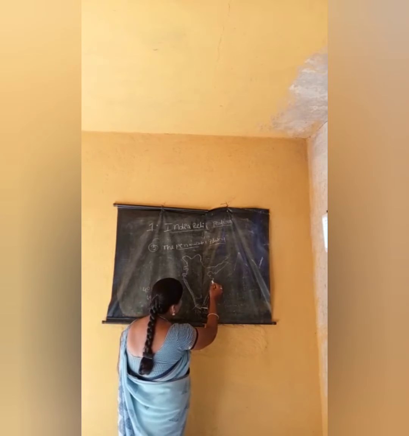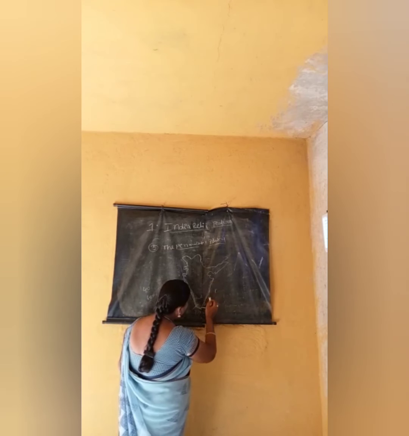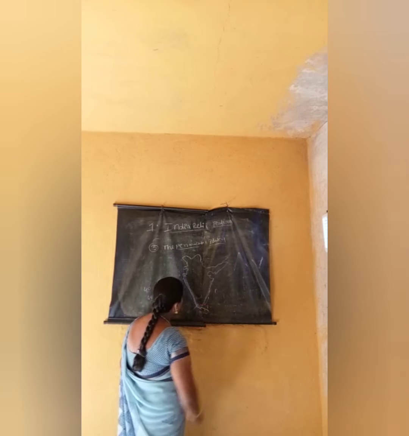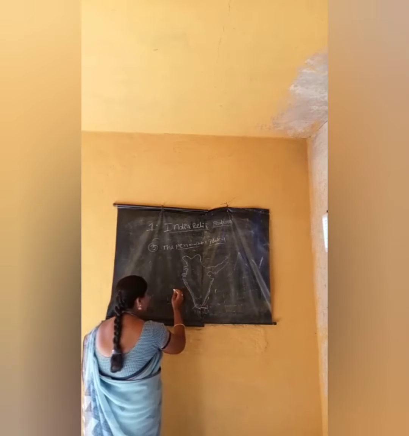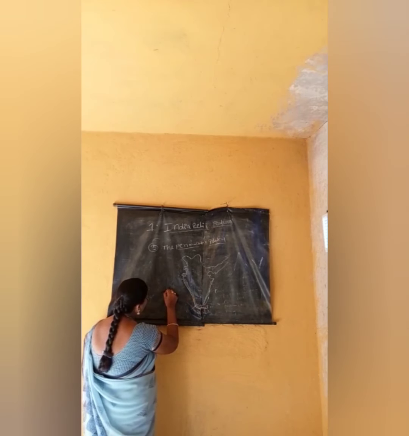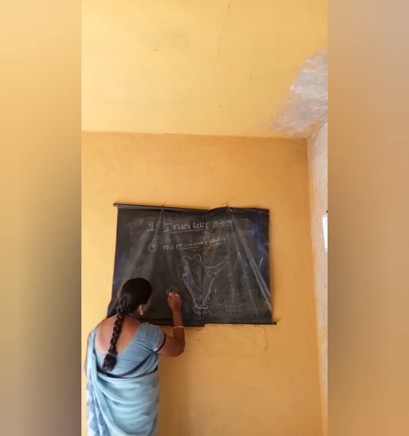The Eastern Ghats start from Mahanadi to Nilgiris. The Western Ghats length is 1600 kilometers.